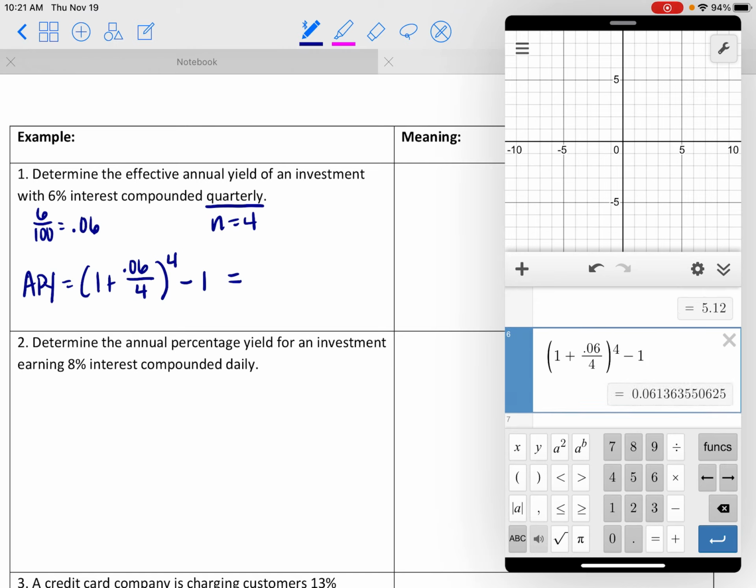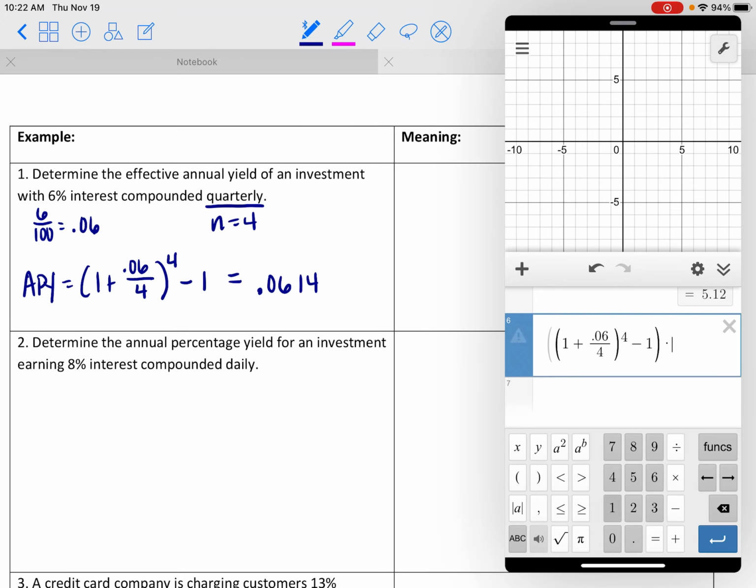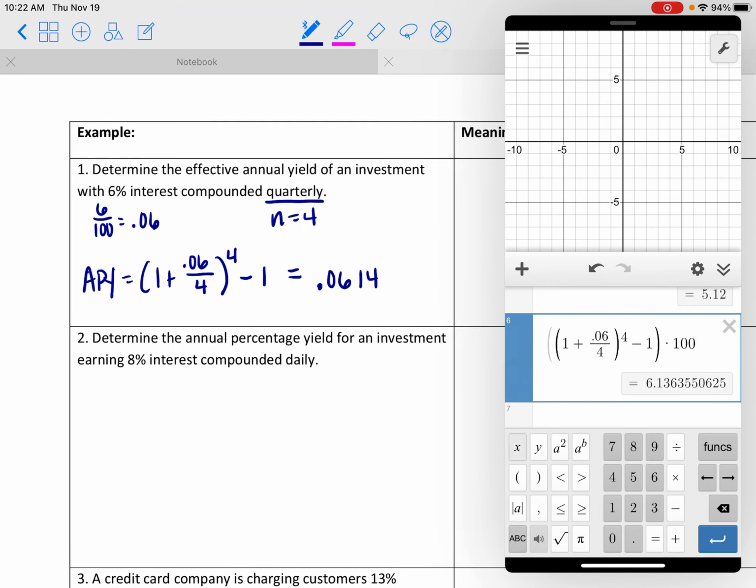So we get 0.0614. And again, if we multiply this by 100, we can see that's 6.14%.